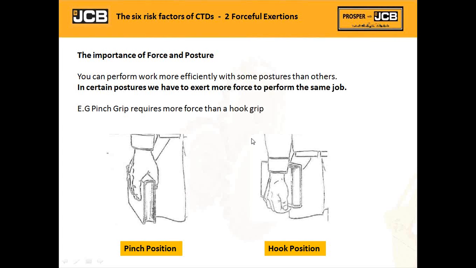So while we are designing our work, our workplace, we have to look into these situations: how the operator will lift his component, how the operator will hold his components. We have to see what type of grip he is going to put from his hand. So this pinch position type of grip is to be avoided, and the hook position type of grip is to be given to the person.